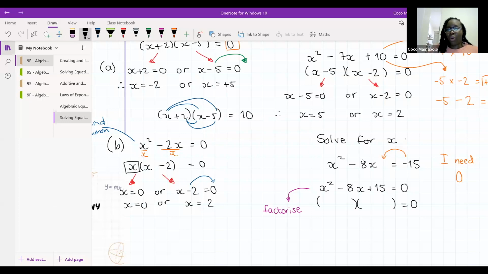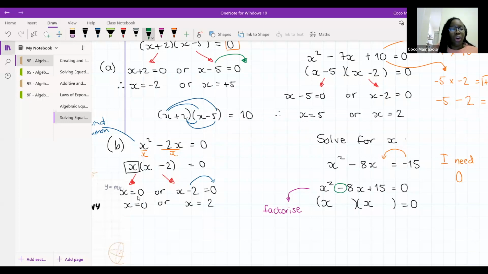I already know because this is x squared that I'm going to have 2 factors of x, which is x and x, right? Yes, ma'am. All right, if you're confused about the signs, I'm going to show you a way to remember the signs. I know that one of the signs in my bracket is going to be a negative.